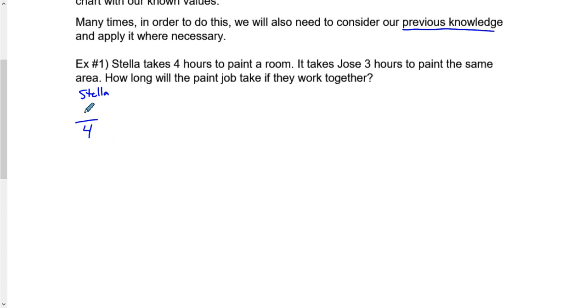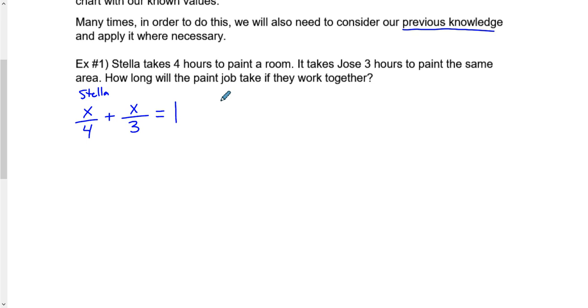So we have her contribution as x over 4. We can add to Jose's contribution, which would be x over 3. The two of them together would be able to paint one full room.